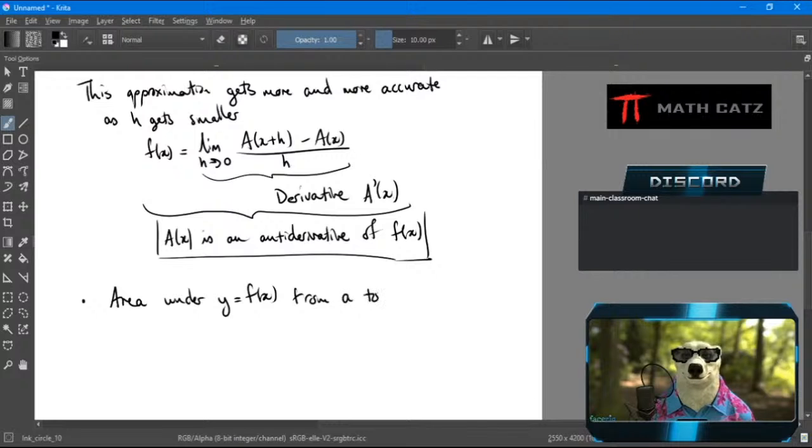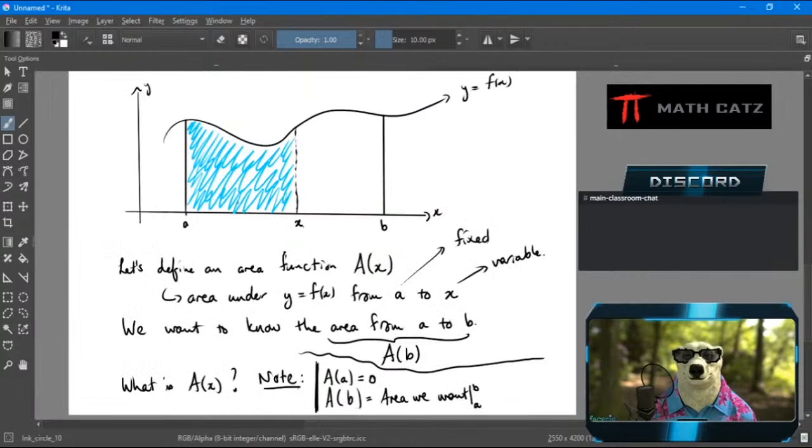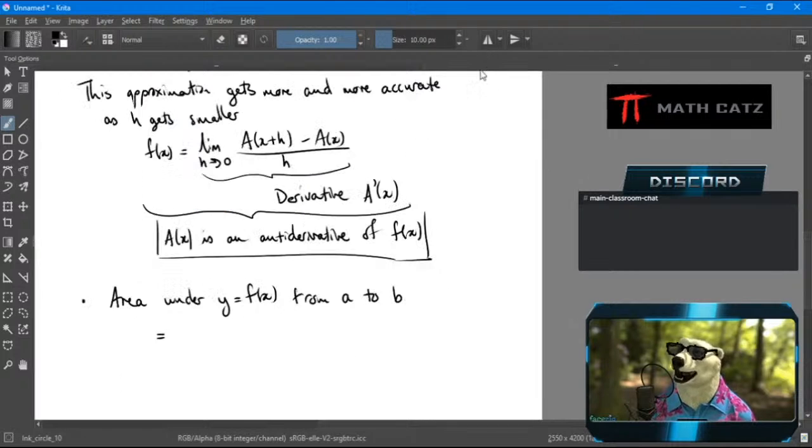From A to B, this is the area we want. First of all, let's notice that because A of B is what I want, and big A of little a, the left endpoint, is 0, I can say it's the area function at B minus the area function at A.